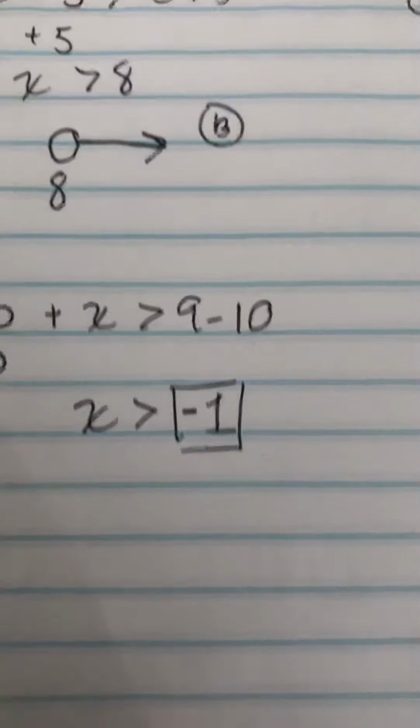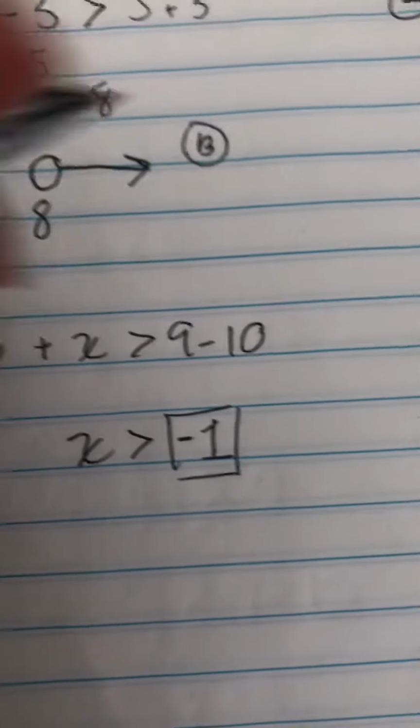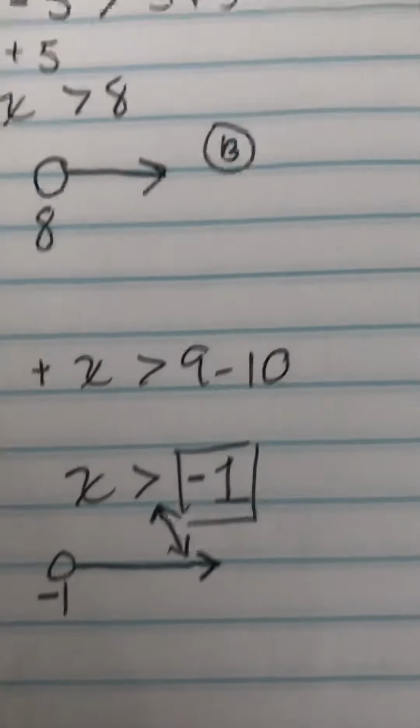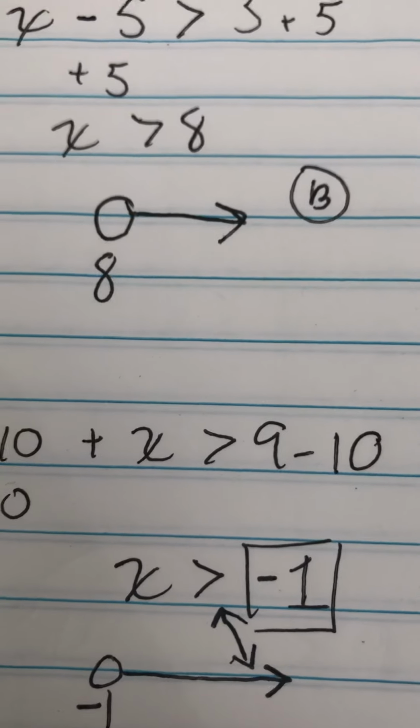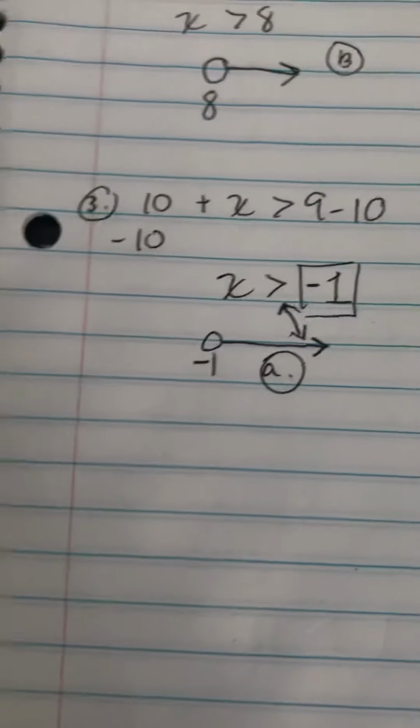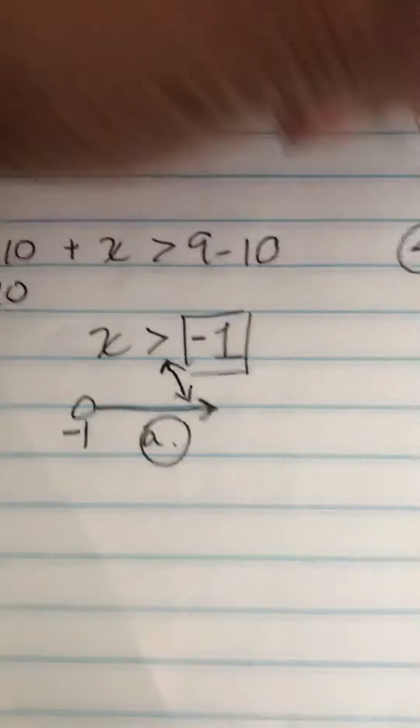So x is greater than -1. Remember, we're going in the direction, but it doesn't include it, so it's going to be an open circle in the same direction as the arrow, at -1. Which one is that? That looks like A to me, so pretty good so far.